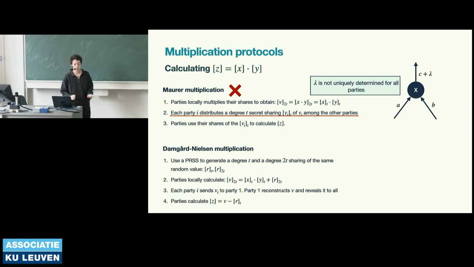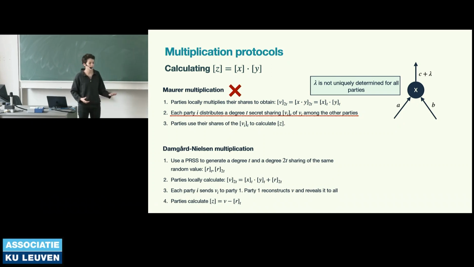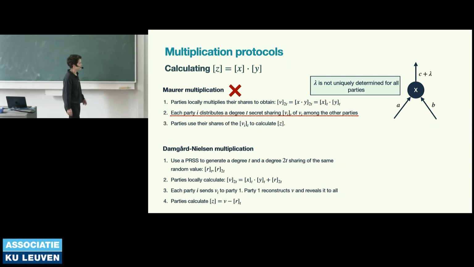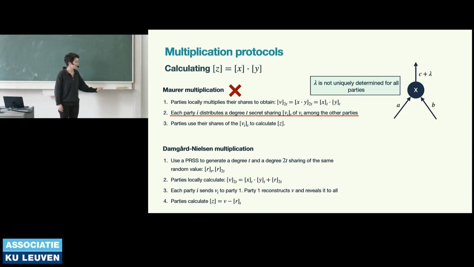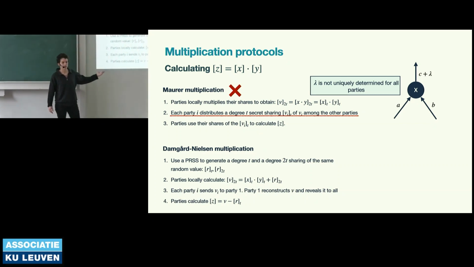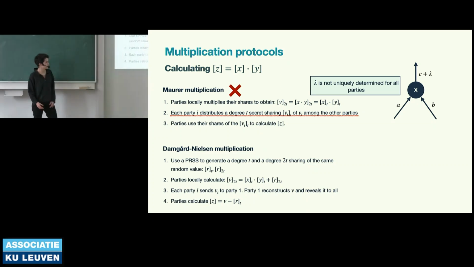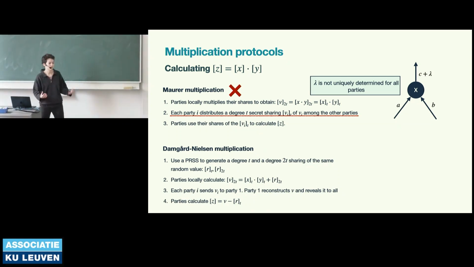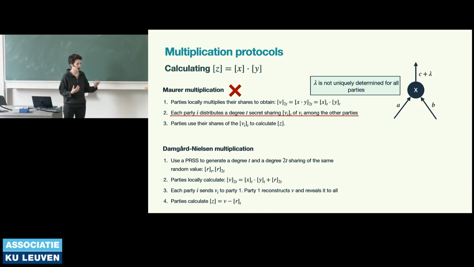Okay, then we can look at the standard Damgard-Nielsen protocol. So this is a 2-round protocol, so we have one more communication round. We also require some pre-generated randomness for this protocol. And the way this proceeds is that, again, the parties arrive at some sharing of degree 2t, and then there's this central party called the king that will receive the shares from all the parties, reconstruct the value and reshare it.